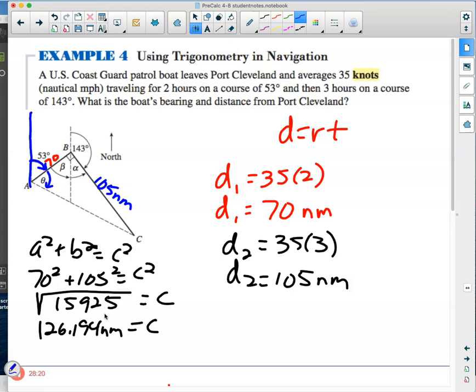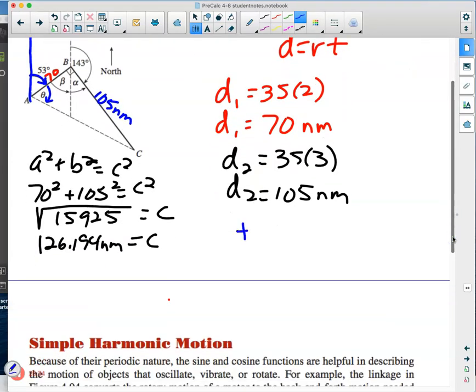Well, it's a right triangle. I can figure out what that is. Opposite and adjacent. I could use inverse tangent on this little bugger. So tangent of theta is 105 over 70. So to get the angle, we're going to need inverse tangent.